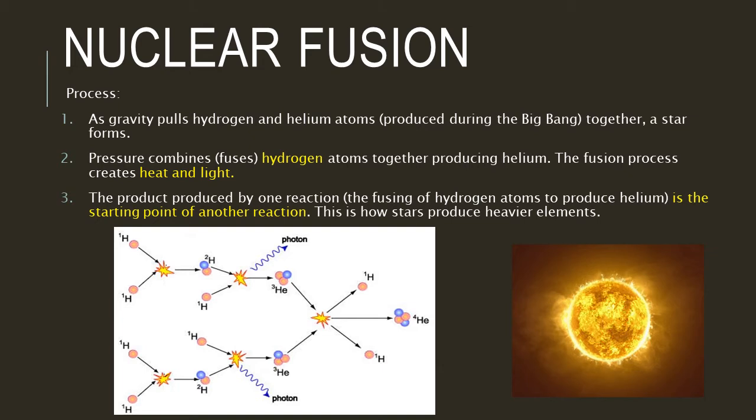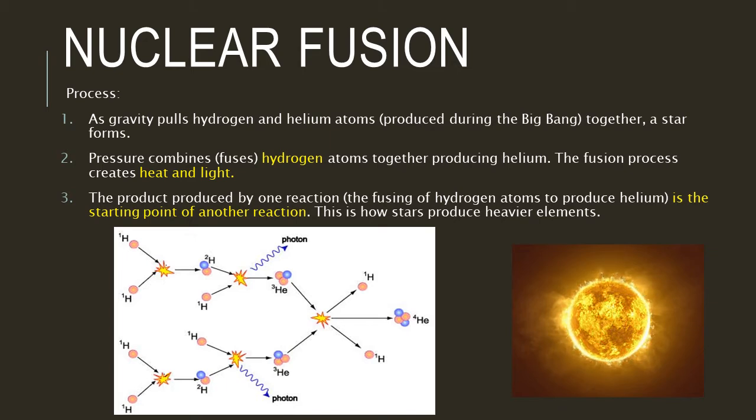Now, the process here is repeated. I don't have to go over it again. But I want us to look at that first picture. What we see on the left is two hydrogen atoms, and they are fused together, and in the process, they create helium and another hydrogen atom. When they are combined together, we get photons. Photons carry light, if you remember. And we get another helium atom.